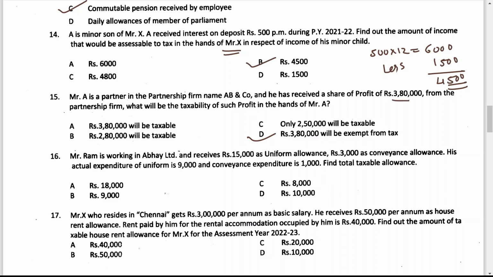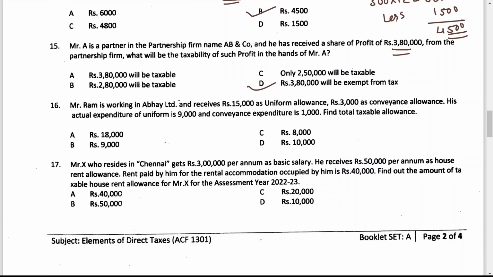It is received from a partnership firm by Mr. A and Mr. A is also a partner. So 3,80,000 is totally exempt in the hands of Mr. A because the partnership firm has already paid tax on it.